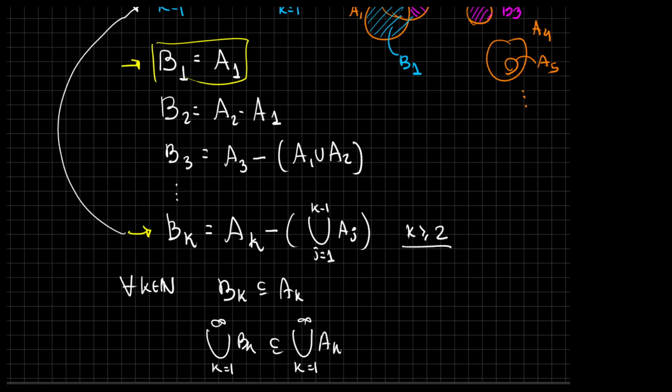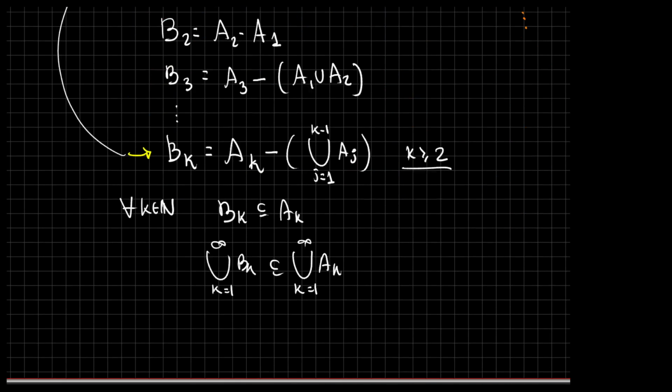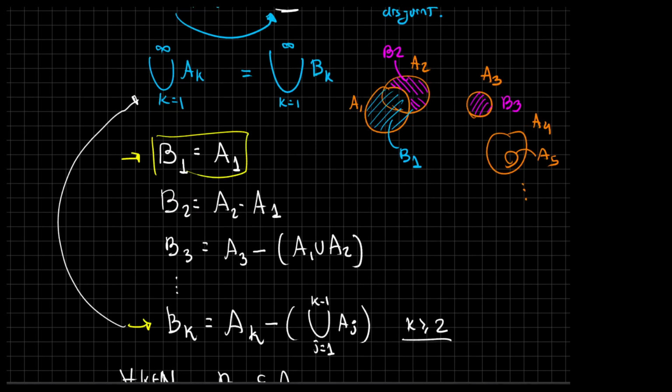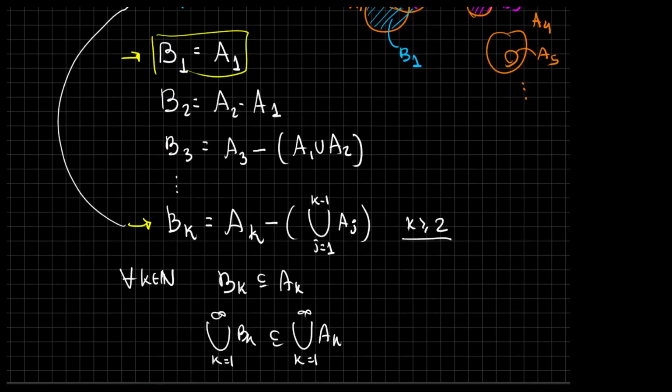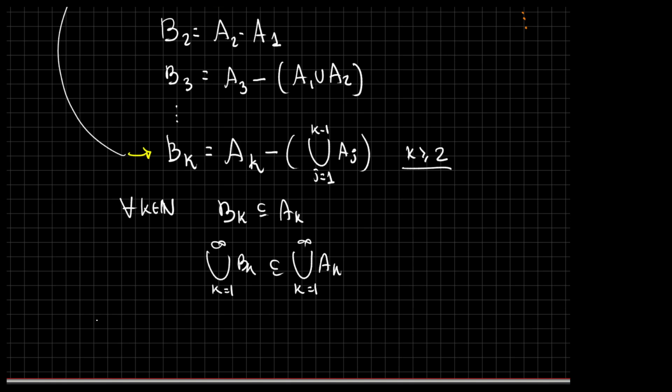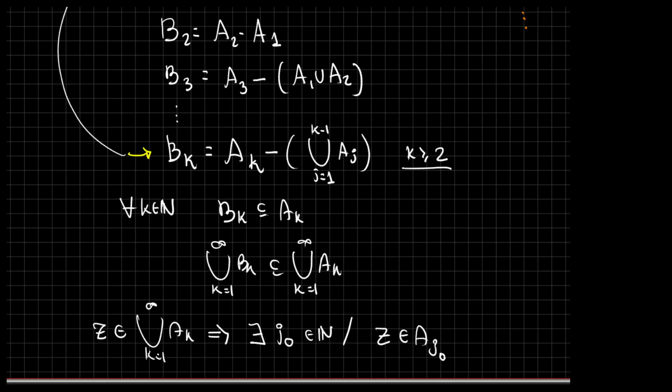So this is clear. And on the other hand, suppose that we have some element, let's say zeta, in this countable union of Ak, then this implies that there exists some index j naught in the natural numbers such that zeta is in A j naught.